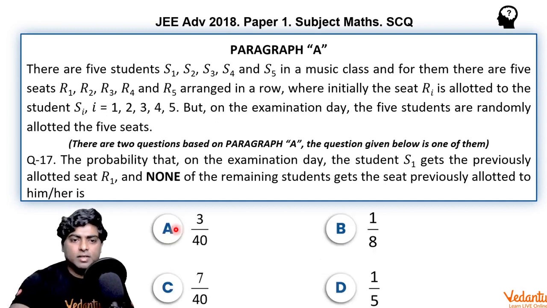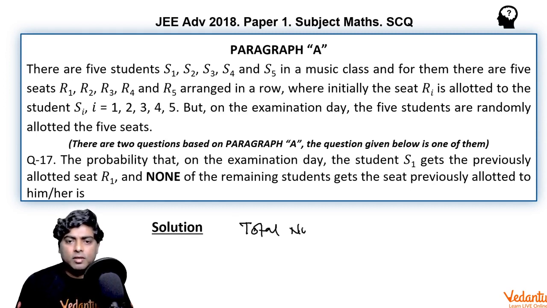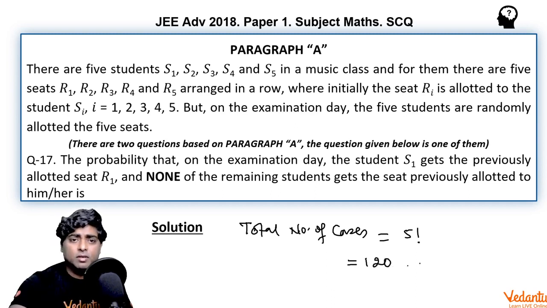So let's see how can we solve it. So options given here is 3 by 40, 1 by 8, 7 by 40 and 1 by 5, right? Let's see which option is correct. Okay, so total number of cases would definitely be 5 factorial, and that is 120. Now see the favorable number of cases for this.